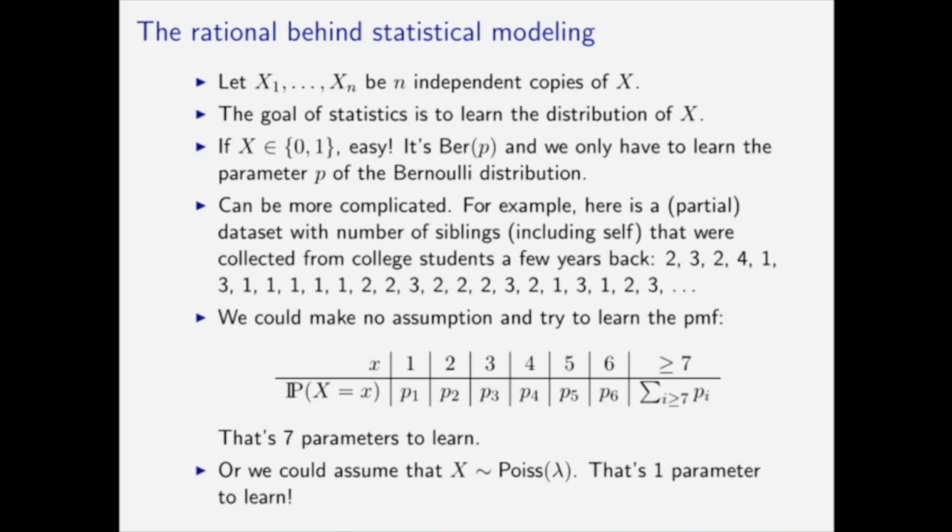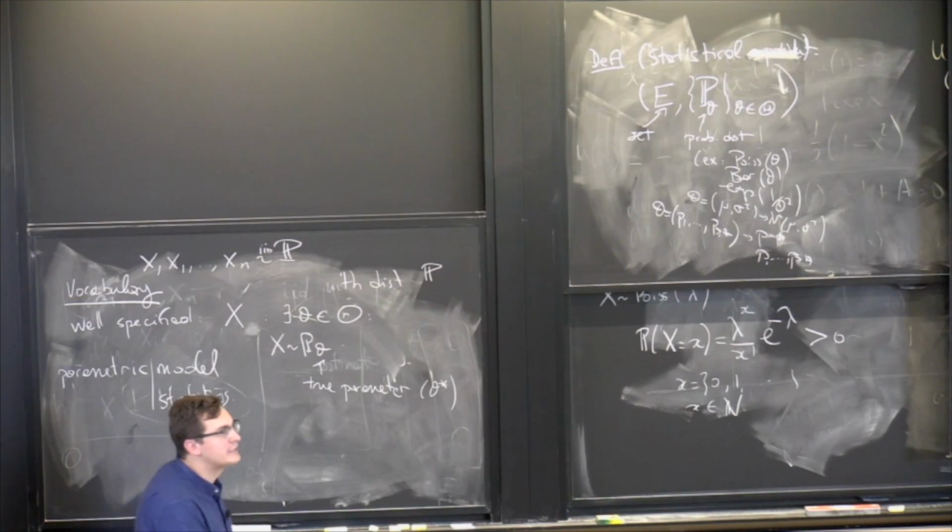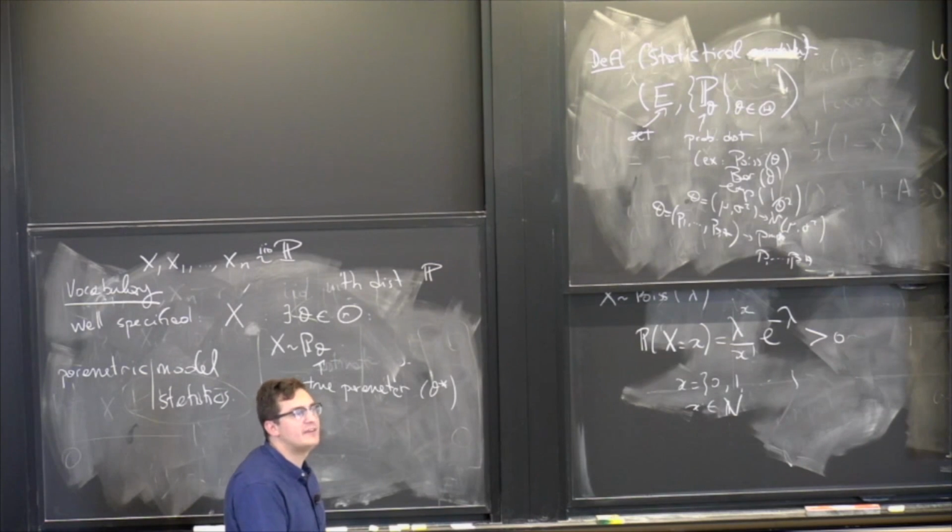Very likely, the last ones would be 0. But still, I would have an infinite number of parameters to estimate. So this would not be a parametric model. But there are other classes that are infinite and cannot be represented by vectors.